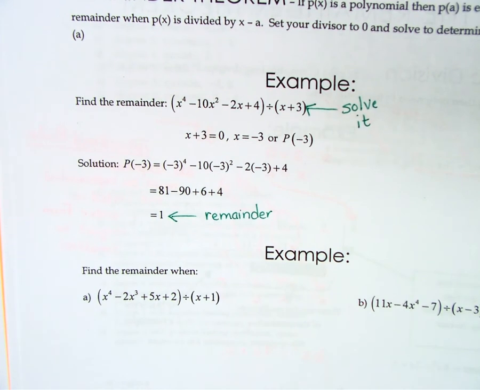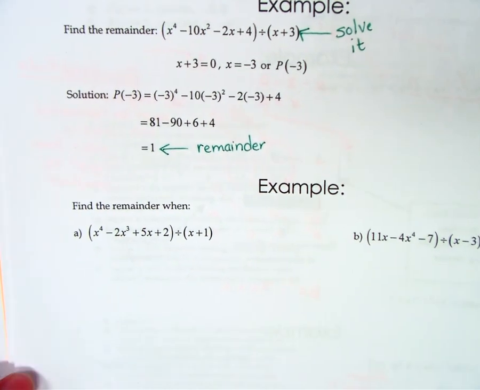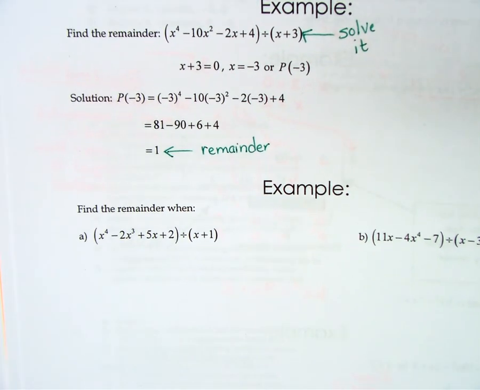Only if my question is asking you for the remainder. But if I want you to say whether it is a factor, then you're going to have to do the whole thing. But that's a Tuesday lesson.